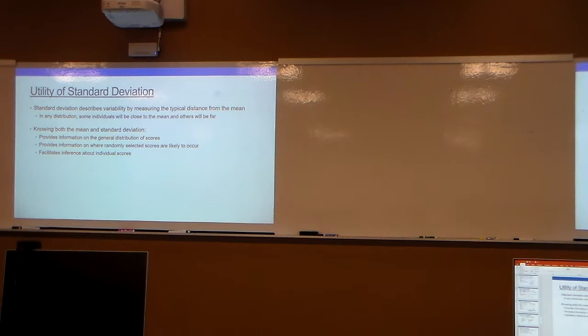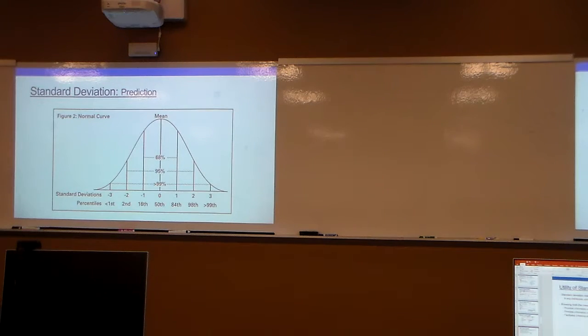information on where some randomly selected score is likely to occur, some sort of inference about individual scores, right? So if I'm looking at a normal curve, if anything follows a standard normal distribution, I know that between a standard deviation above and a standard deviation below the mean, a little over two thirds of the sample or the population is probably going to fall.